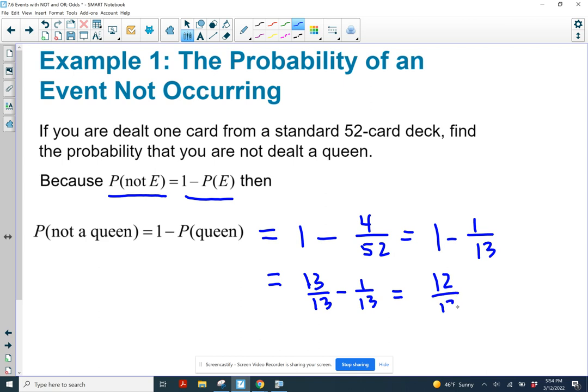So we get 12 out of 13 for our probability. Okay, 4 over 52 reduces to 1 over 13, and then I can replace that 1 with 13 over 13 and then subtract. Or you can use a calculator, but it's nice to be able to do these calculations without them as well. So 12 over 13 is our probability.